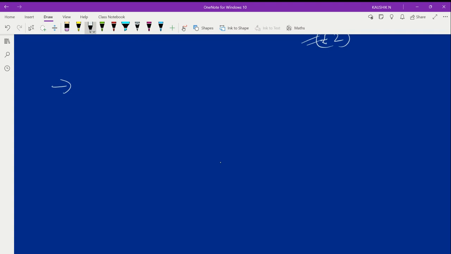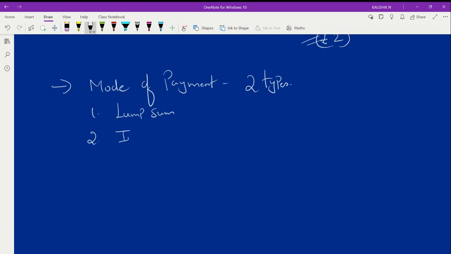So now let us see how the payment is done. This I'm making you understand as mode of payment. You have two types in this. One is called lump sum, and the second one we call installment.